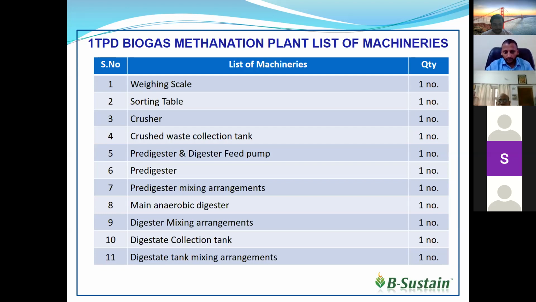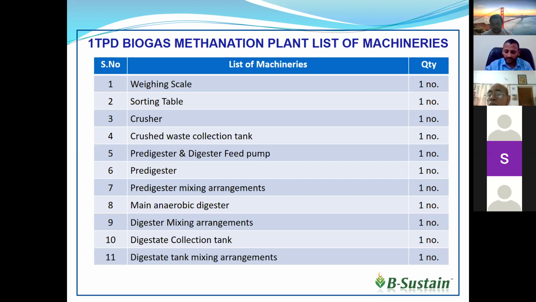And then we can have a mixing system in the primary pre-digester also, using pump mixing, pump recirculation, or mechanical agitator mixing. Then the main anaerobic digester and the digester mixing arrangements. If the digester volume is smaller, for 1 ton, 2 ton, and 3 ton, we can go for open central top mounted or lateral side mounted mixing systems.